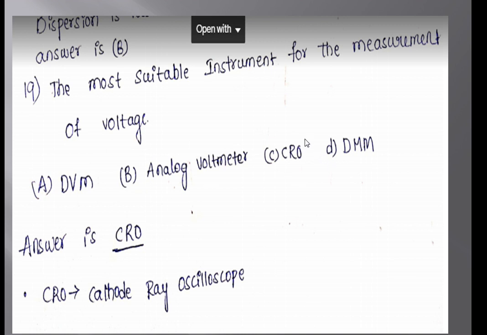By CRO we can measure voltage, and DMM is used to measure voltage, current and resistance also. Here the most suitable instrument is the CRO, that is cathode ray oscilloscope. By using CRO we can calculate the voltage accurately.